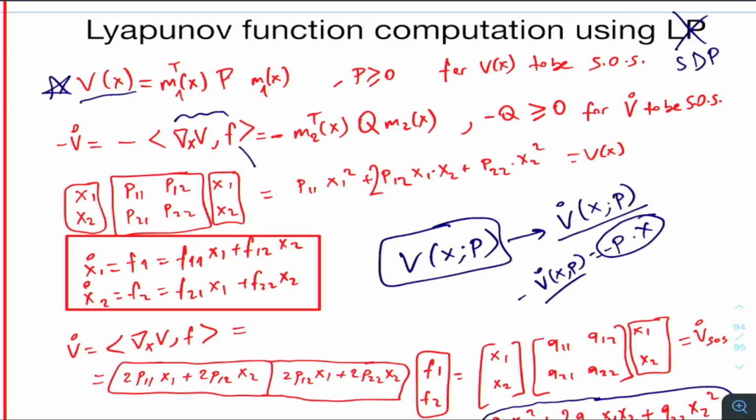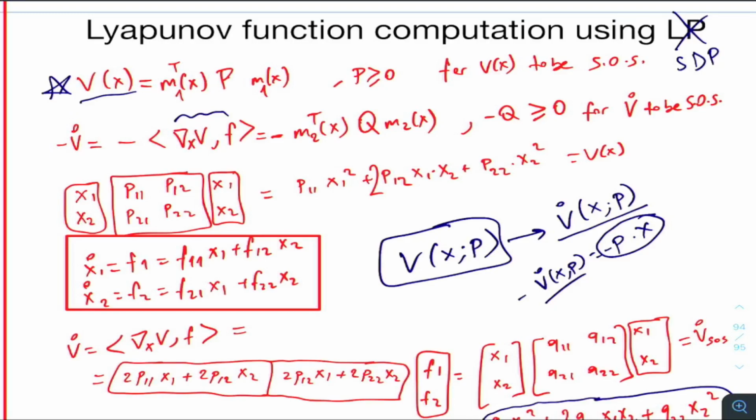I mean, we are just going to multiply it with f terms, and since f terms will include x1 squared plus x2 or something, right? That kind of terms will increase the dimension of our polynomial, right? Minus v dot.